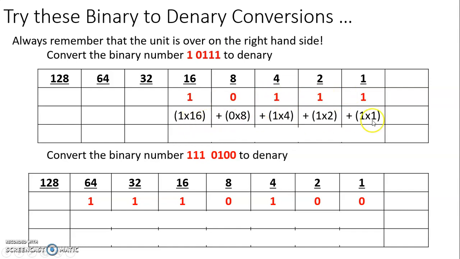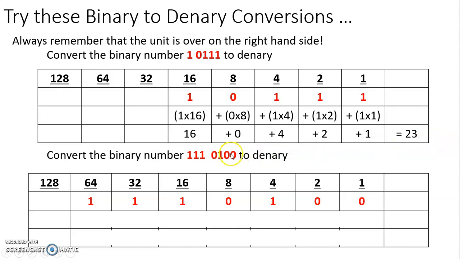I will then write my sum underneath, so it's 1 multiplied by 16 because we've got 16 here, plus nothing in the 8 column because it's a 0, plus 1 times 4, plus 2, plus 1. There's our final sum, and therefore the value is 23. So the binary number 10111 converted into denary gives us a value of 23.